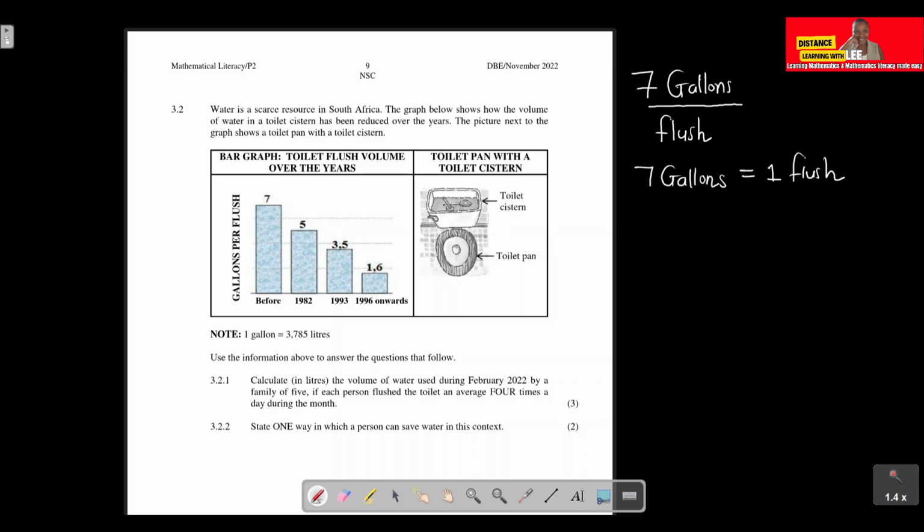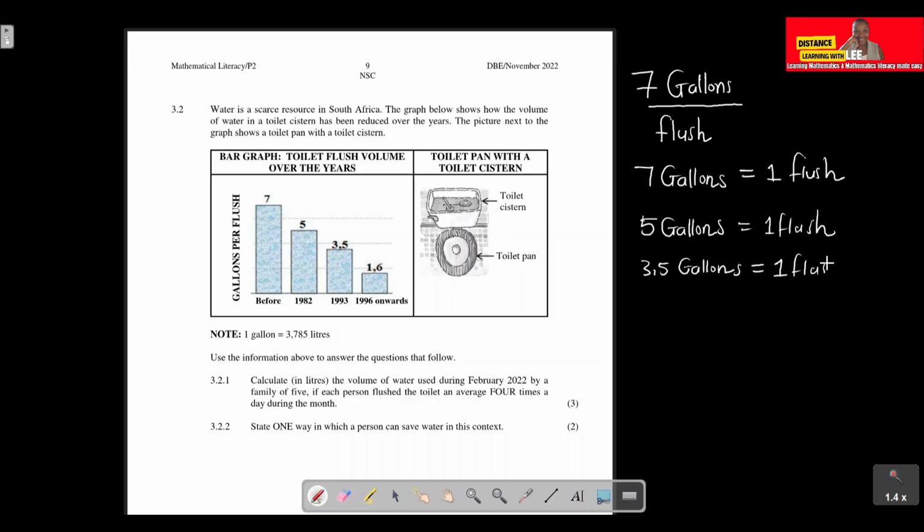Let's have a look at the second graph. It means that 5 gallons were used for 1 flush. Let's have a look at the third one, 3.5 gallons of water. Gallons is telling us the amount of water used, which is equal to 1 flush.